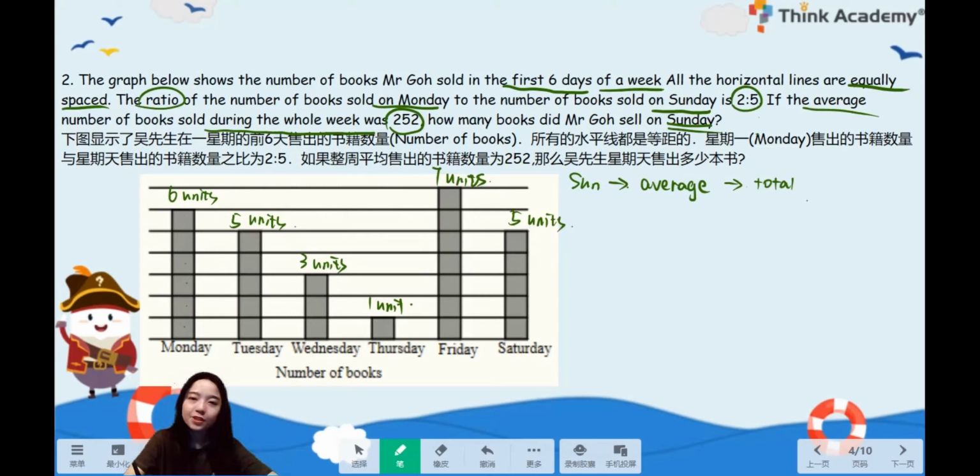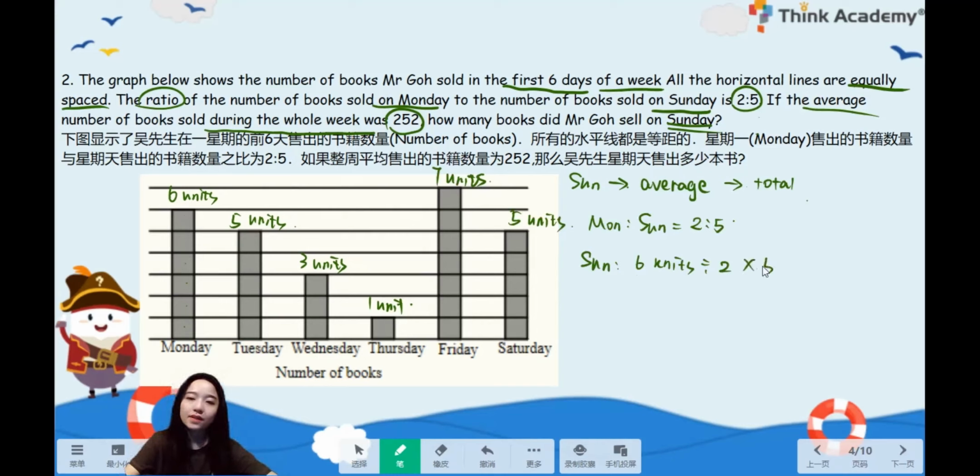So we need to use the ratio of Monday to Sunday to solve how many units Sunday sold. The ratio is 2 to 5. Based on this, we use Monday to find how many units one part has in this ratio.